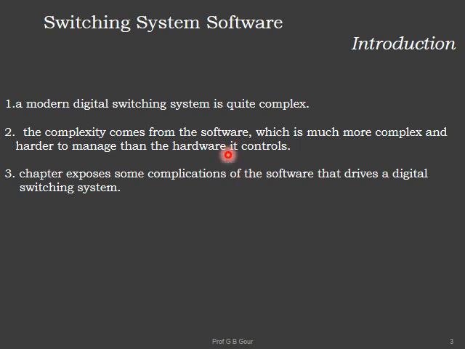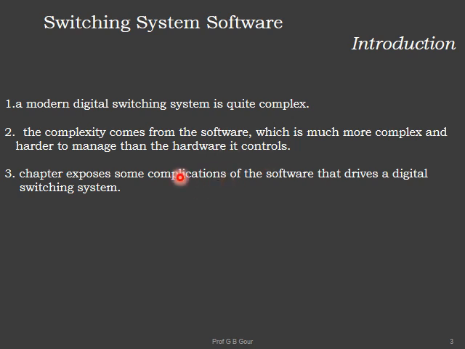So there should not be any bugs, or if they are there, they should be fixed. That is genuine software, from which we ensure our services should be there 24/7. Because of this genuineness and the quality of software, the DSS software becomes more complex, and at the same time more difficult to manage than the hardware that it controls.